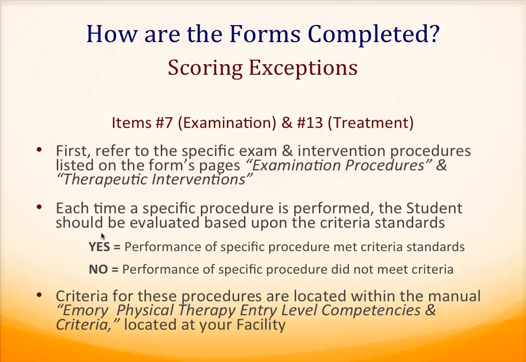Specific examination and treatment procedures may be found on the form pages titled Examination Procedures and Therapeutic Interventions, which will be shown on the following two slides. Every time the student performs one of these specific procedures, he or she should be scored a yes or a no based on whether or not the procedure was done to criteria.